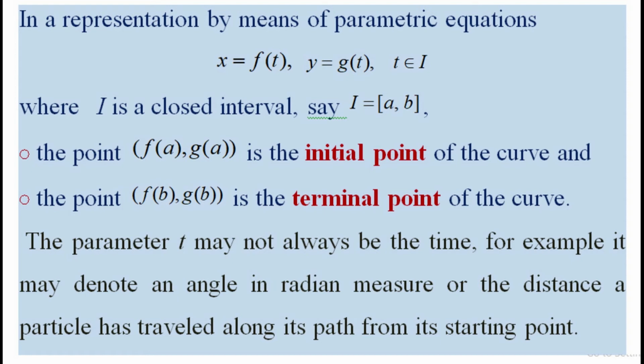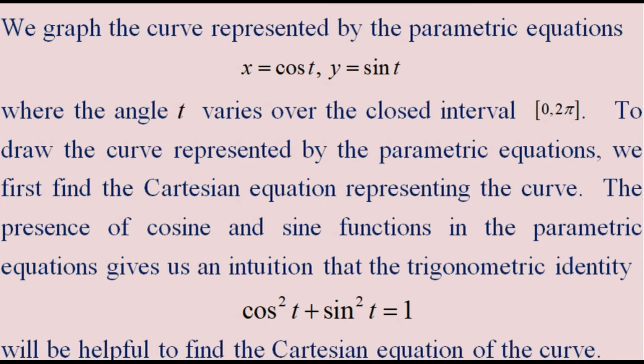The parameter t may not always be the time. For example, it may denote an angle in radian measure or the distance a particle has travelled along its path from its starting point.